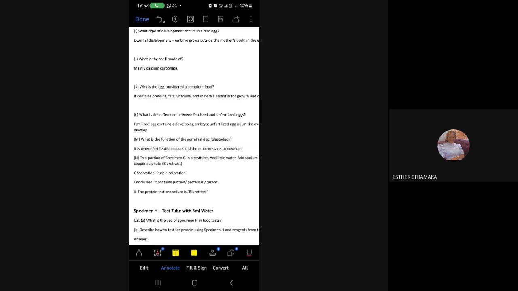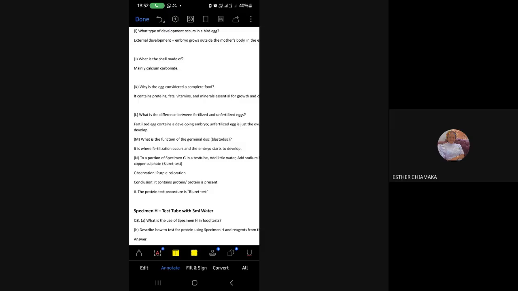So you are to bring it out. Maybe you would be asked to add water, add your sodium hydroxide, and also add your 1% copper sulfate. With the practical I did yesterday, if you use the ordinary egg white and you had the reagents, the purple color is not very purple and it is near dark.